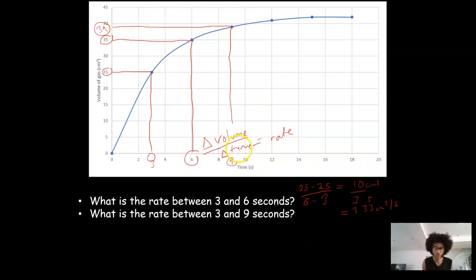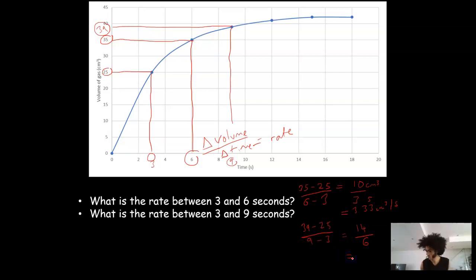So again, I have to do my change in volume divided by change in time. Now this is between 3 and 9 seconds. So I've got 39 take away 25. Now for time, it's 9 take away 3. Okay, so 39 take away 25 is 14. Yeah, 14. And I divide that by the change in time, which is 9 take away 3, which is 6.